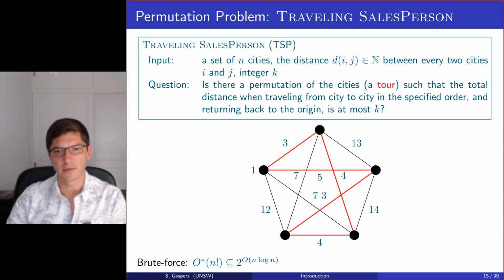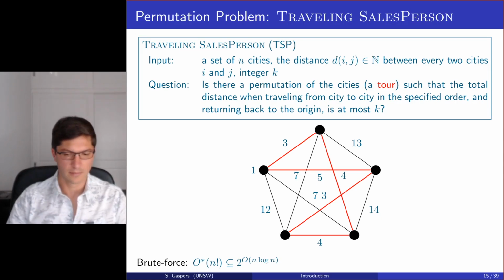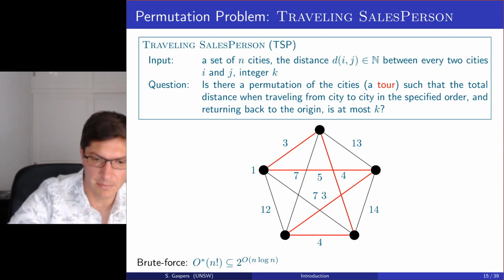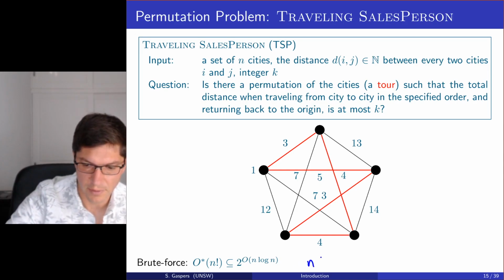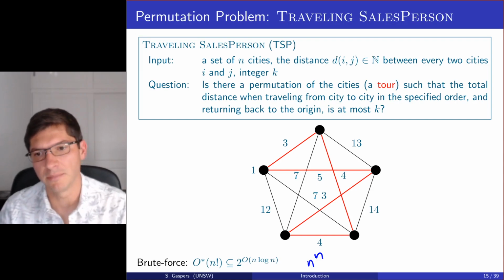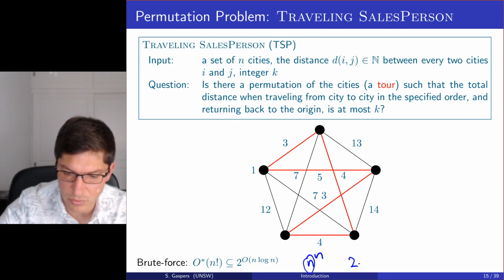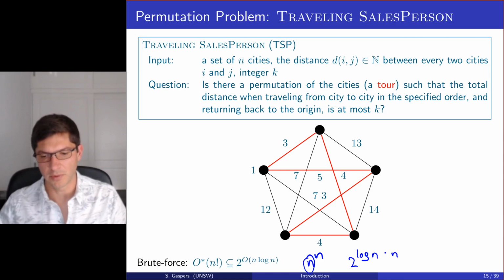If you want to translate this into something exponential or sub-exponential, we can use Stirling's approximation, where, in the O star notation, this would be an n to the power n running time. This is of course 2 to the order n log n, because we can replace the n in the base by 2 to the power log n, and then we also have an n in the exponent.